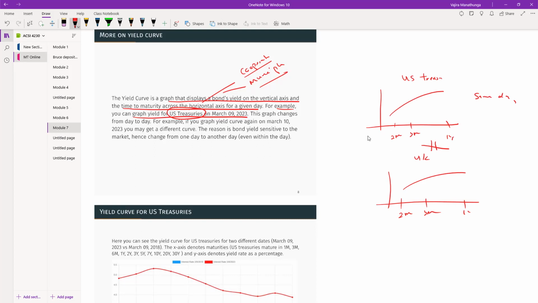Even among municipal bonds you can have different types, depending on the rating. Some states may have better rated bonds than other states. So all of this depends on so many factors.